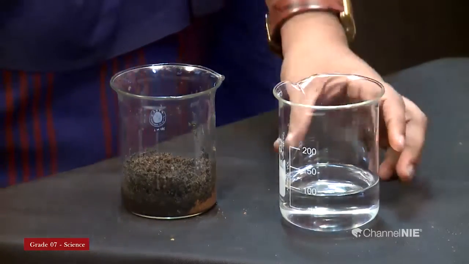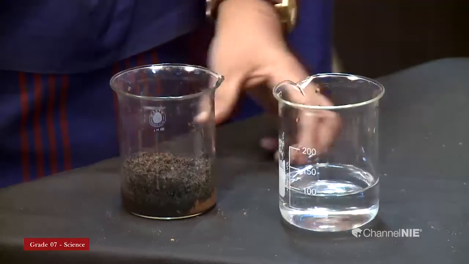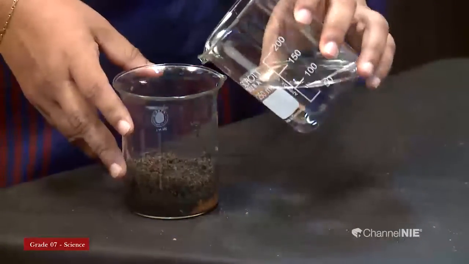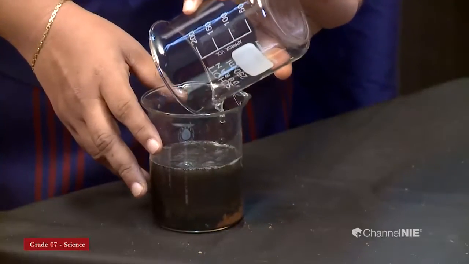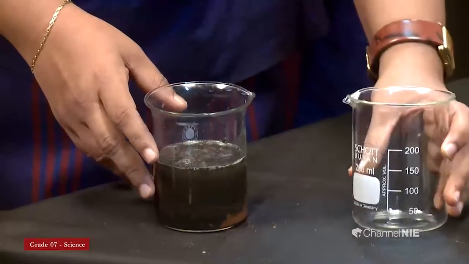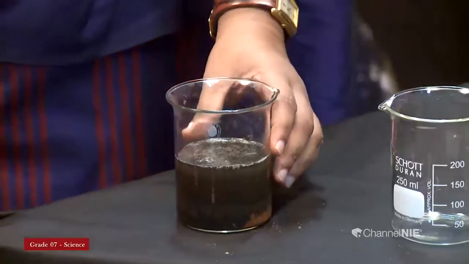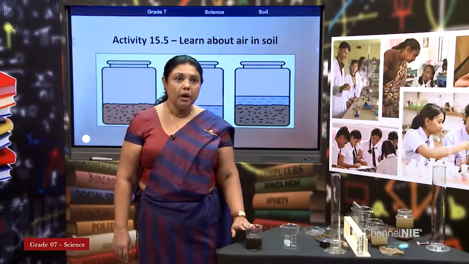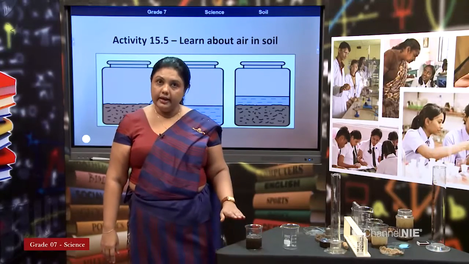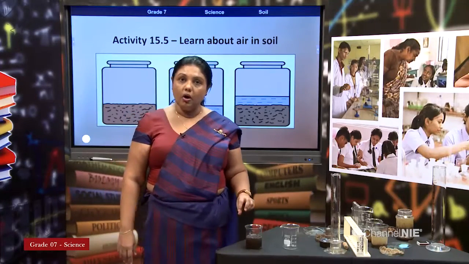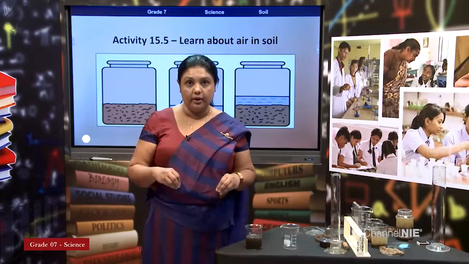But if these two are added together, you will not get the addition of both levels. Why? Some amount of water has moved down. Where has it gone? It has gone inside the soil.